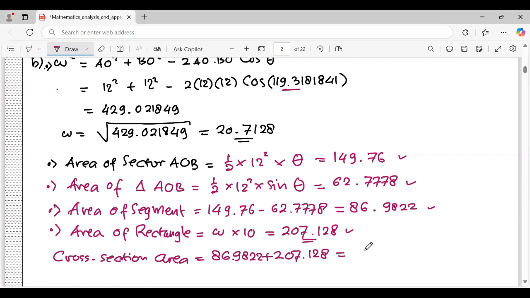And the result is 294.1102, or round off becomes 294 centimeters squared. This is the cross-section area.